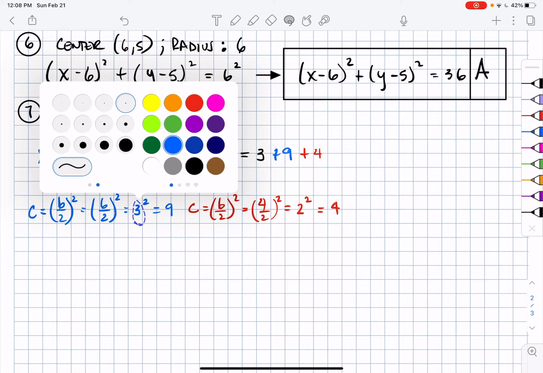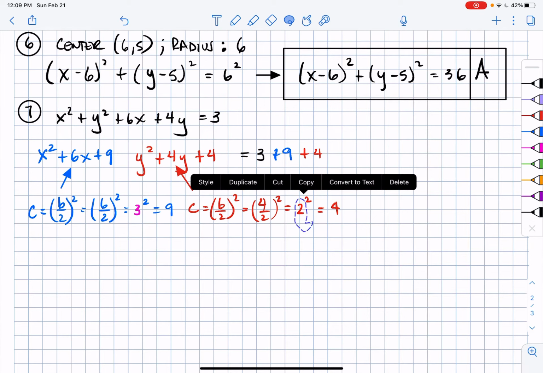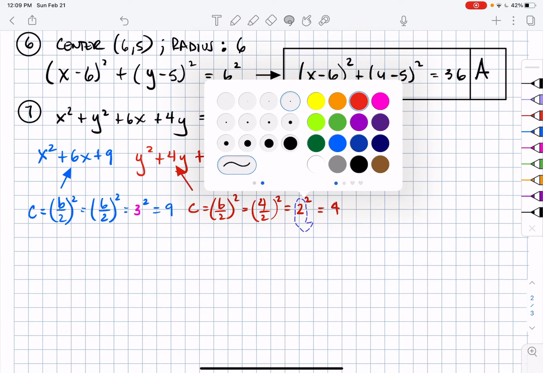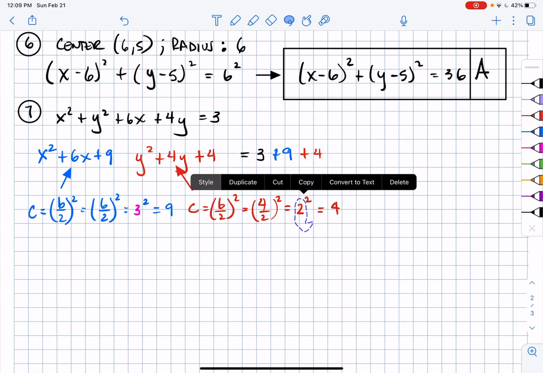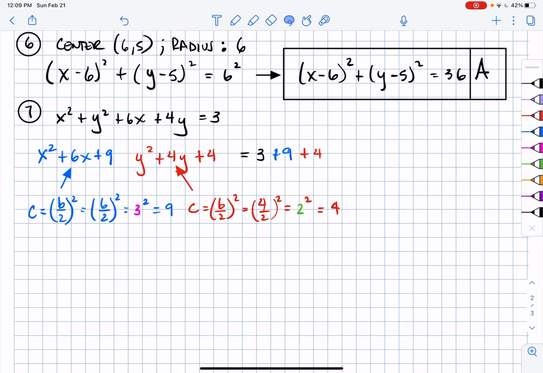Should I try an orange? No, let's go fuchsia. And let me change this 2 to green, or purple. No, let's go green, just so you can see the difference in the colors.